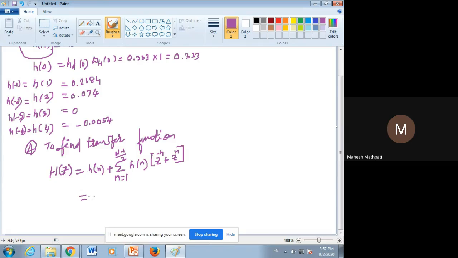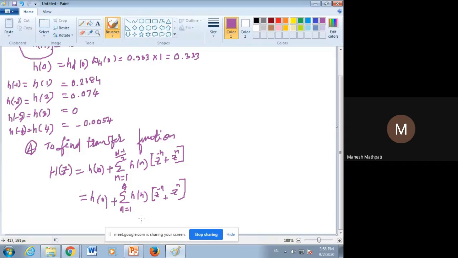Have you understood this? Yes, sir. So it is h of n or h of 0? It is h of 0, na? Okay. So it is h of 0 plus summation n equals to 1 to काय value येणार इथं? 4. ठीक है? h of n multiplied with z power minus n plus z power n. You just simplify this and get the answer.